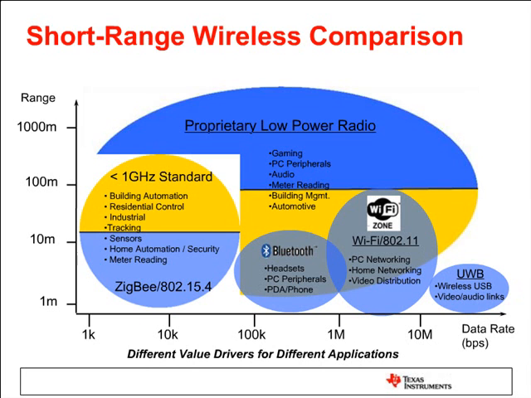But it's not Bluetooth, it's not Wi-Fi, it's not ultra wideband, and we're talking about the effective data rate here at the bottom of 1K to 100K, and then the range that you'll actually see. So it's short-range wireless, but you have within that space a number of applications, and we've talked about some of those already: building automation, residential control, industrial, tracking, sensors, home automation, meter reading.